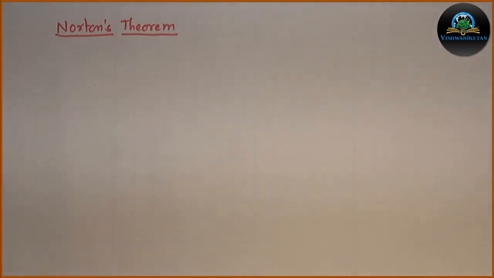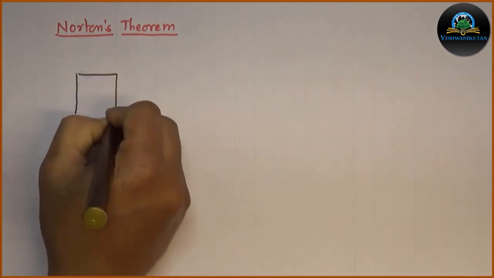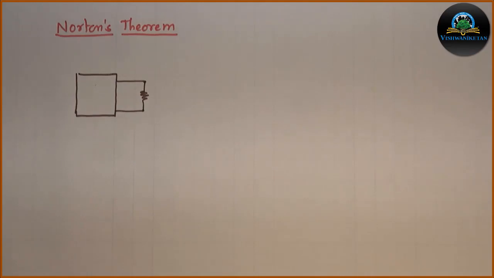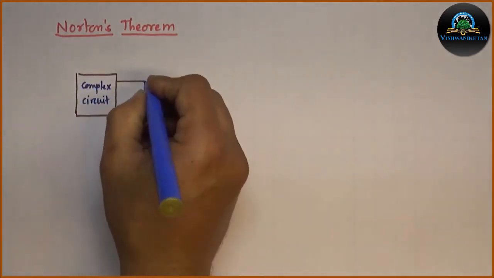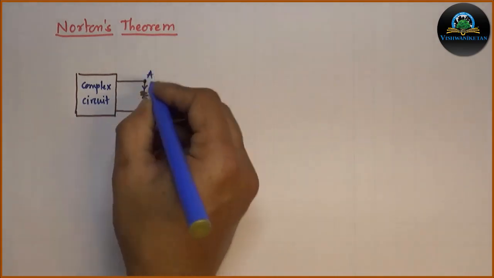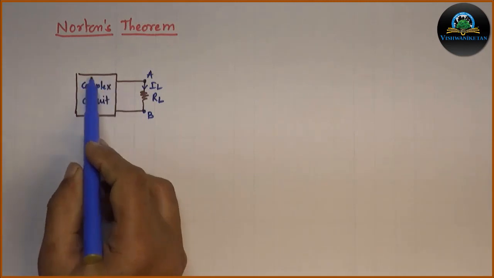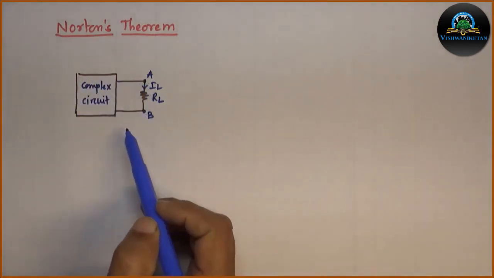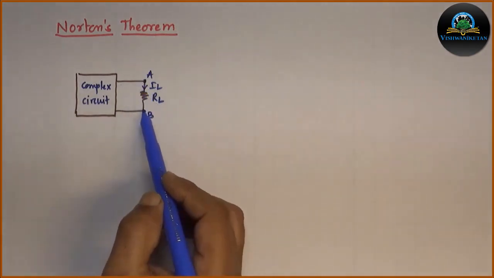To understand this, let us consider a complex network. I have considered a complex circuit enclosed in the box with two terminals A and B taken outside, and a resistance RL is connected between these two terminals.